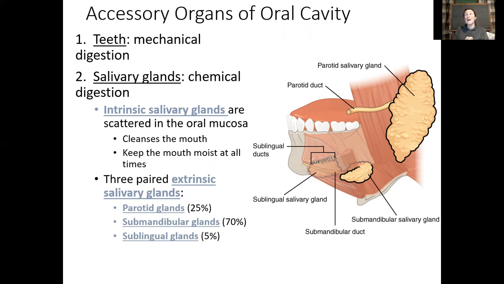That is absolutely the case. Essentially, these glands have been triggered to release a lot of saliva at once, and so sometimes you have the inopportune experience of having your mouth open when this occurs. All right, so the most active of these paired extrinsic salivary glands are the submandibular glands.